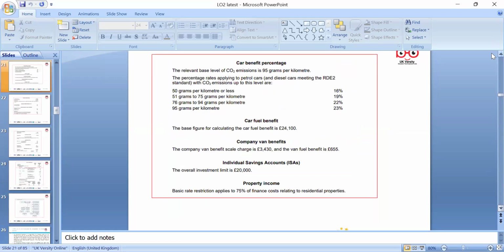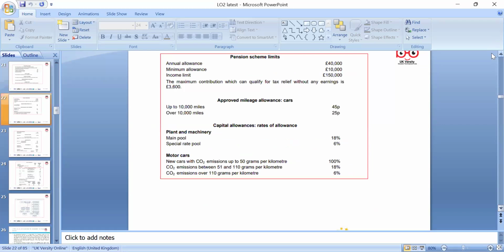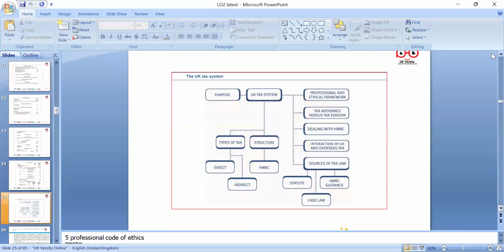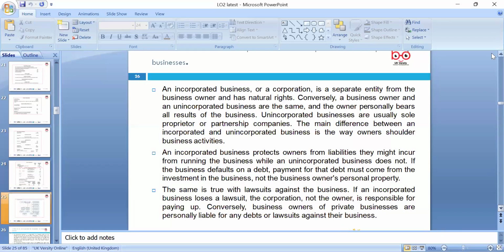Please follow the CO2 emission level, annual allowance, minimum allowance for the pension, income limit, and approved mileage for cars. Please keep all these in mind.